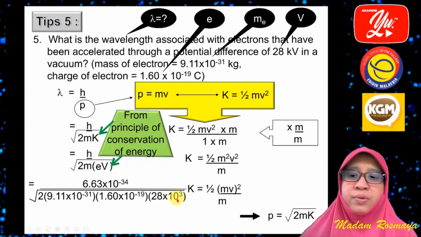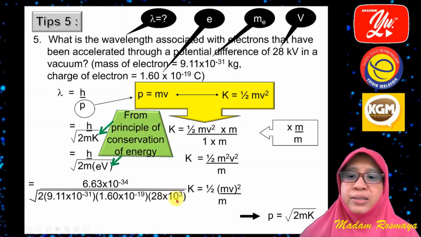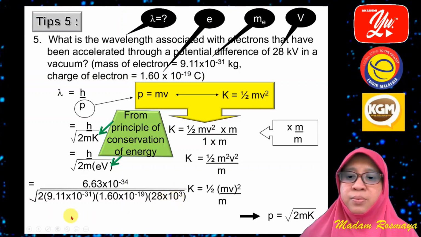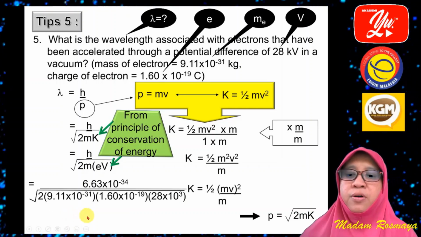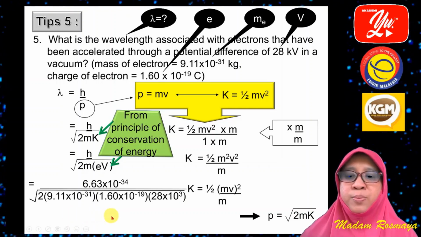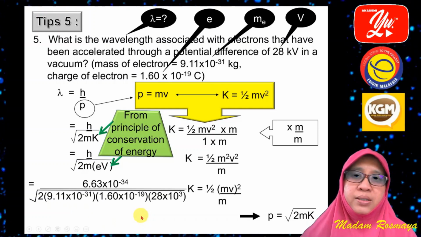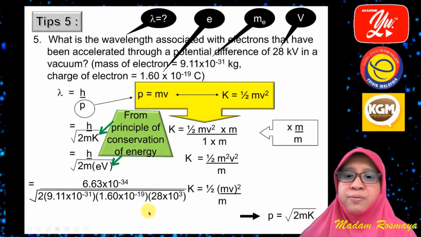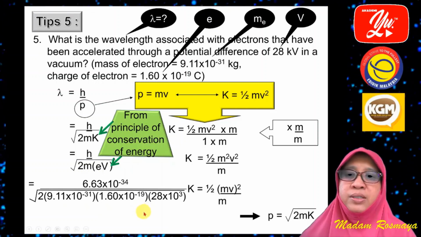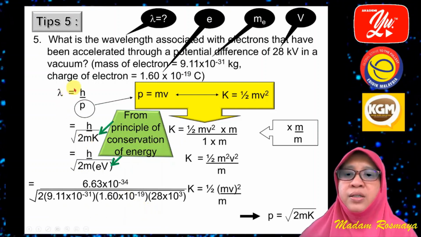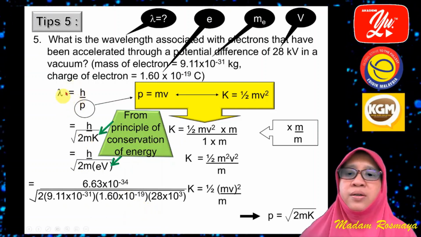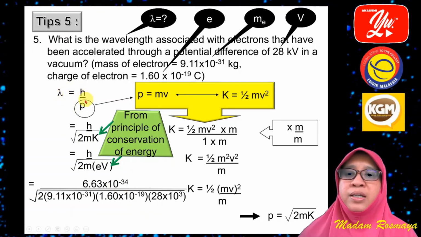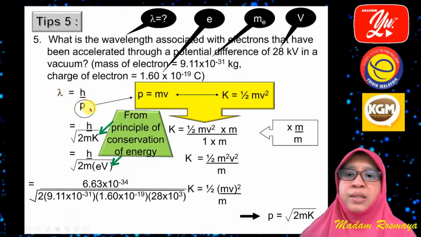Here volt. So the answer is the wavelength is 7.34 times 10 to the power of negative 12 meter. So that is altogether 5 tips. The question might be asked using the de Broglie wavelength relationship between lambda and momentum P.